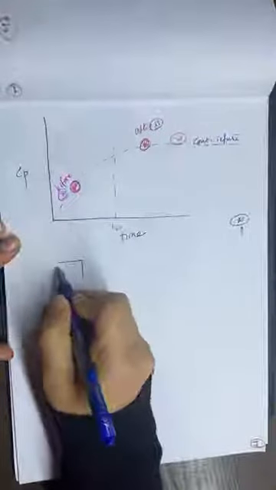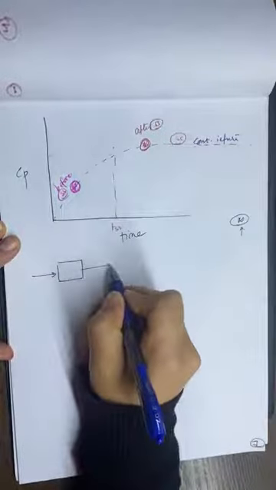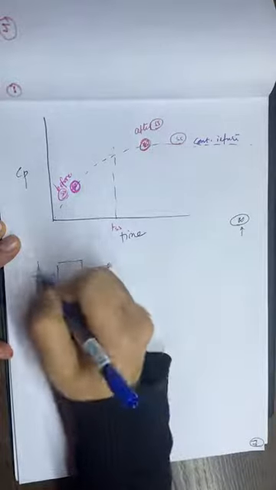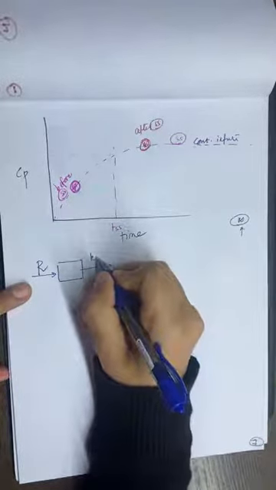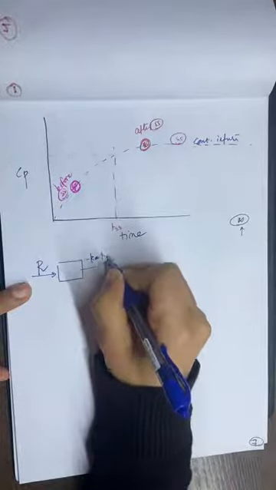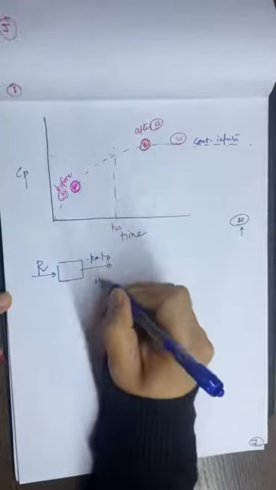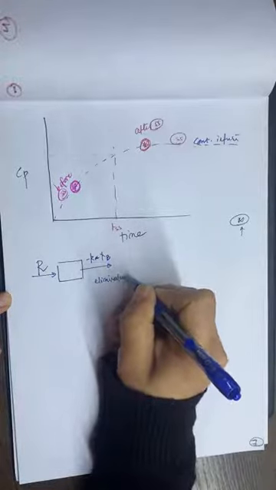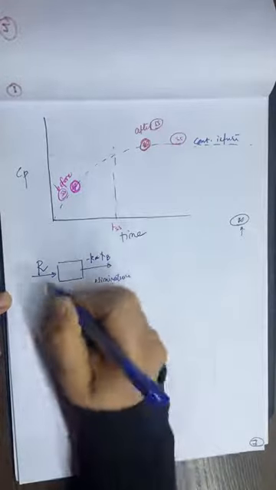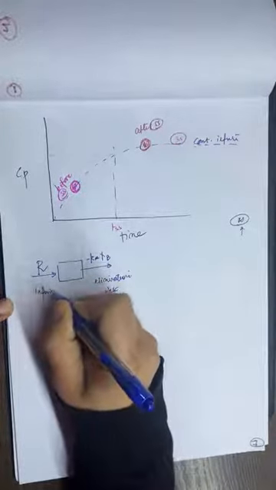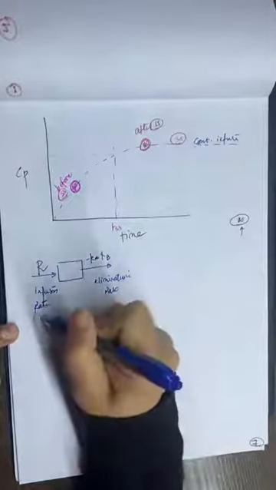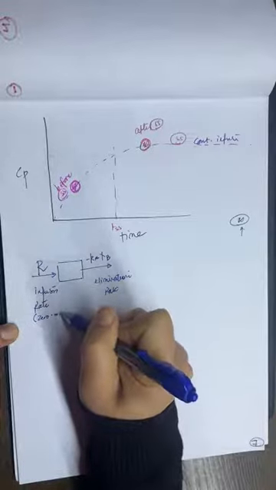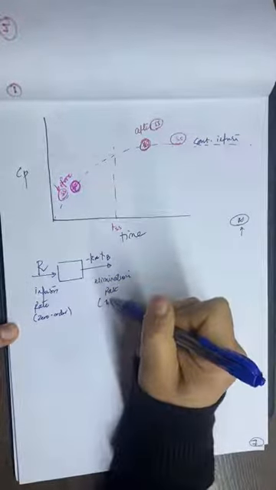Again, if we remind ourselves of what we have in this model, we have R, which is the infusion rate, and we have K, which is the elimination rate. So we have this infusion rate, which is zero order, and this is first order.